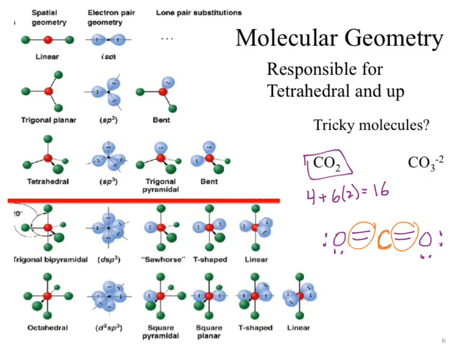Can't do bonds. There's still 4 bonds around carbon. So it's a group of electrons. Is it a unique group of electrons? Are those electrons in a different space than another group of electrons? Okay? So how many groups of electrons are around that carbon? Two groups, which means we're looking at linear as far as our electron geometry goes.